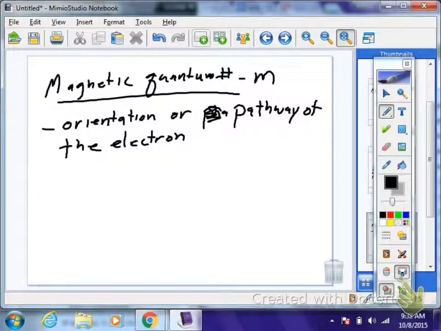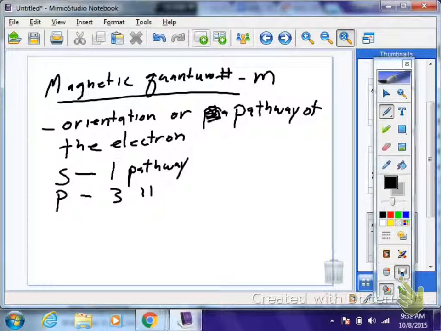When we take a look at the S subshell, it has only one pathway. And I'll show you a demonstration of this with the balloons. The P has 3 pathways. So the S subshell has one possible pathway around the nucleus.